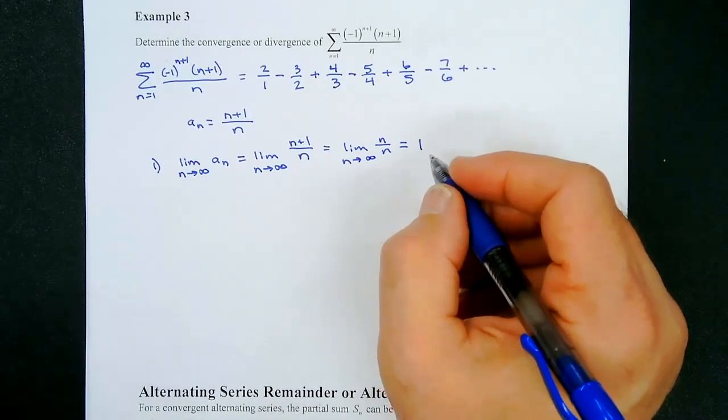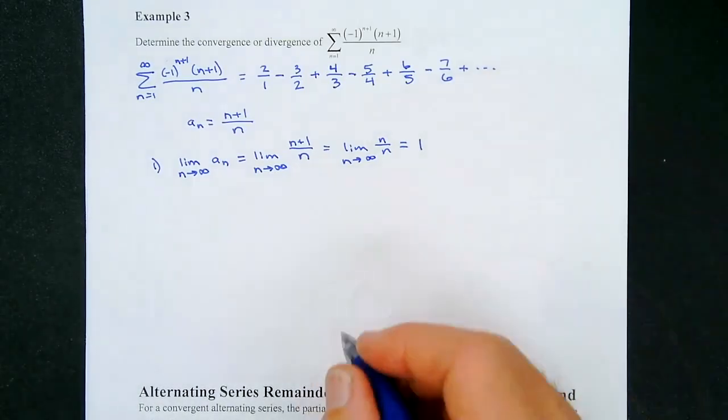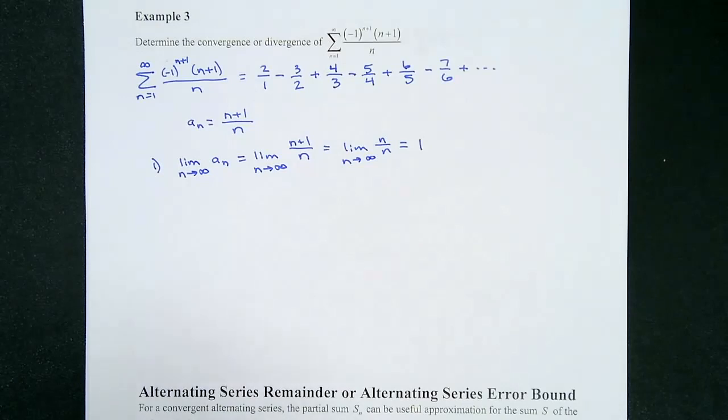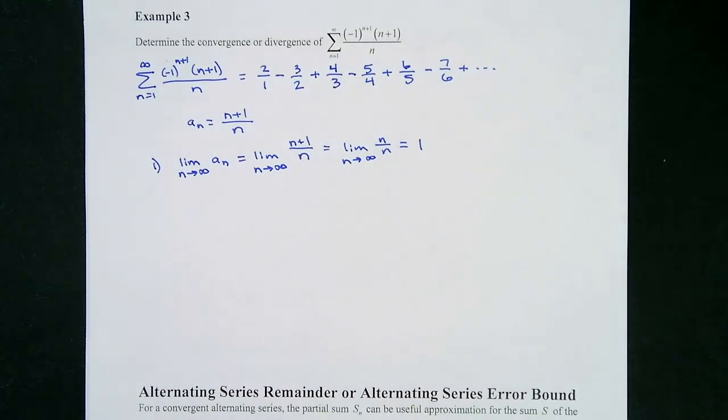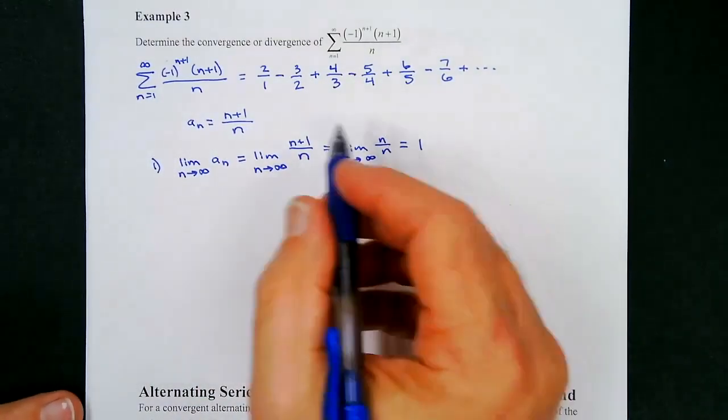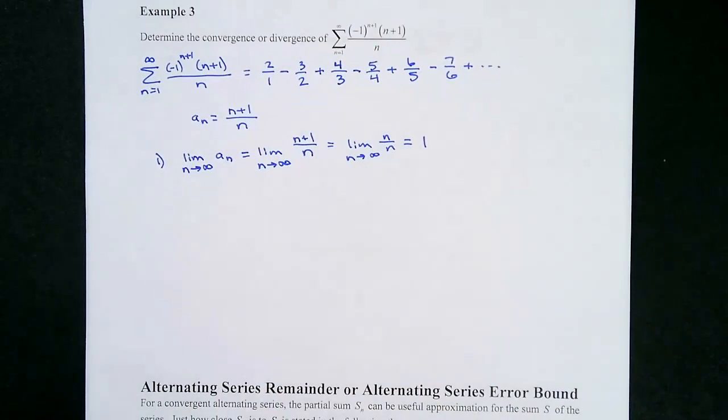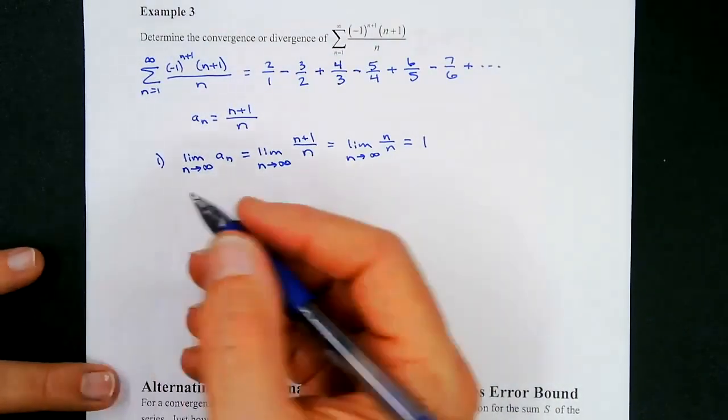So we know we can't use alternating series test, but what's great about the alternating series test is if this limit doesn't exist, we actually know now that the series diverges, okay? So because the a sub n terms diverge, that means the whole series would have to diverge, okay, by the nth term test.